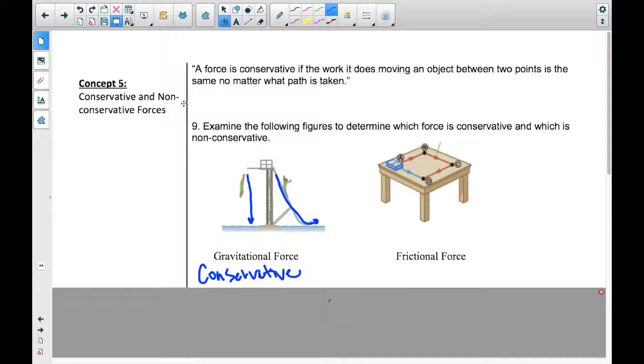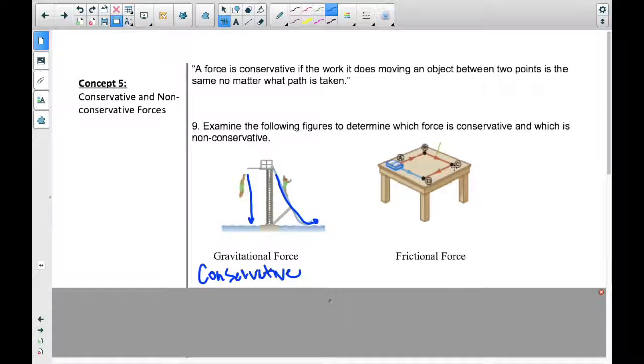However, frictional force, if we think about this, the definition at the top again was a force is conservative if the work it does moving an object between 2 points is the same no matter what path is taken. Does this have the same work whether we go this long way from A to B to C to D or whether we go the short way? Well, no. First of all, there was no change in elevation, which is typically what gravitational forces, which are conservative, involve.